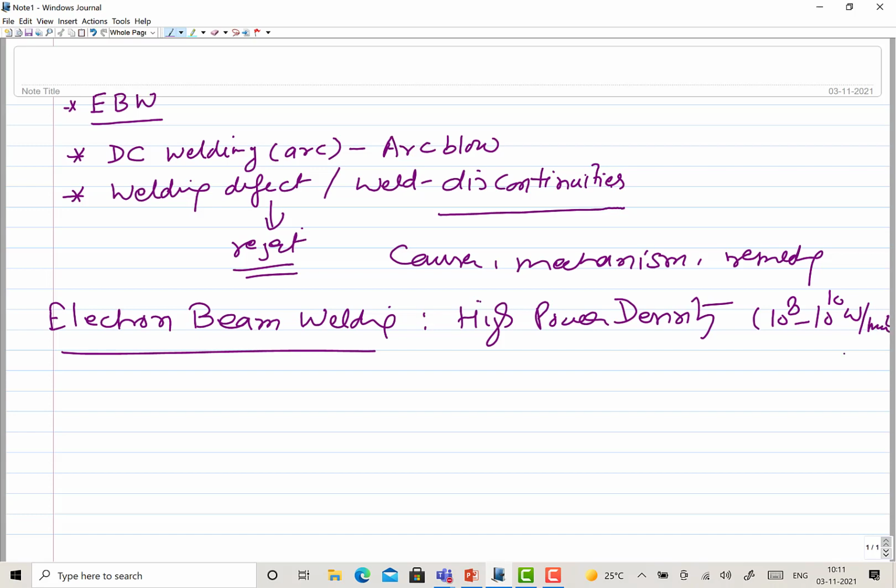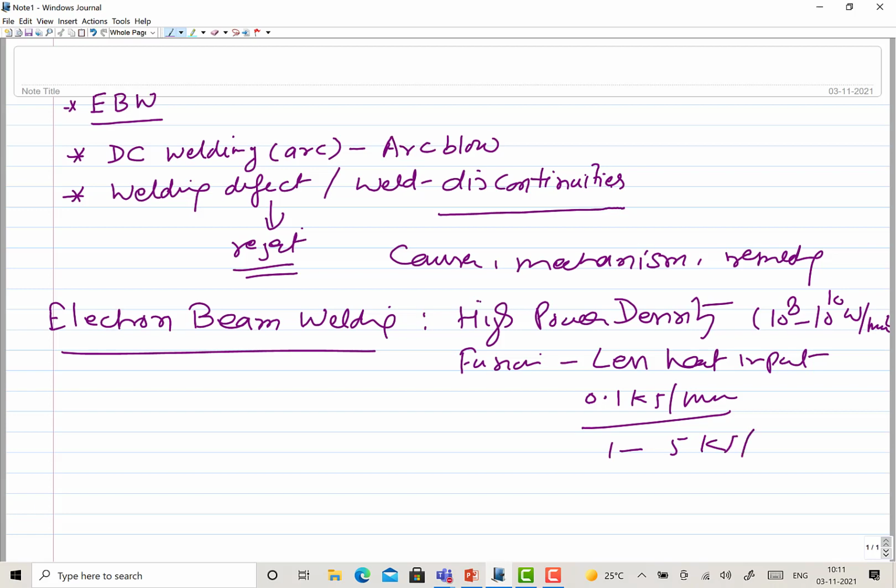Whenever high power density is available with a welding process, fusion of the faying surfaces to develop the joint requires less heat input, which may be as low as 0.2 kilojoule per mm of the weld line to be joined. Otherwise, normally it goes up to 1 to 5 kilojoule, which is significantly high.